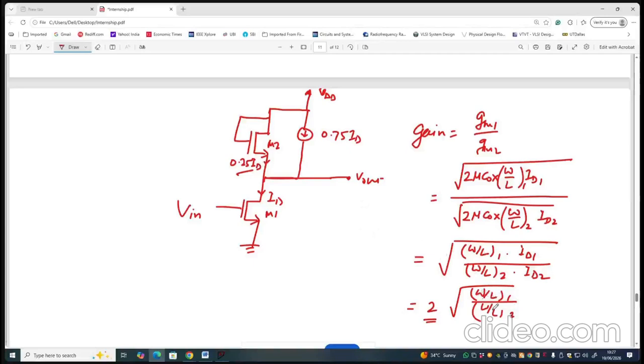Because now it is the ratio of the aspect ratio of the transistors. So it will not have the demerits of the common source amplifier with resistive load, where the mismatches can result in significant variation in gain. Here the mismatches will not have significant variation in gain because it's a ratio of the aspect ratio of two transistors.